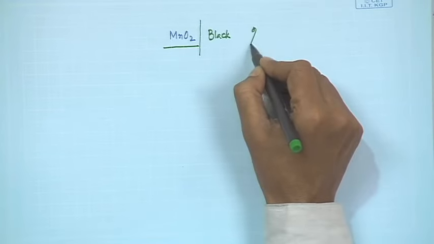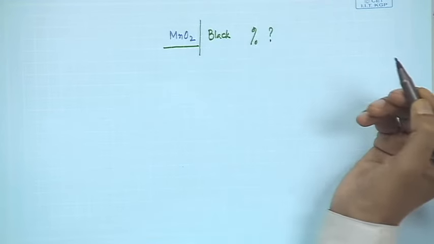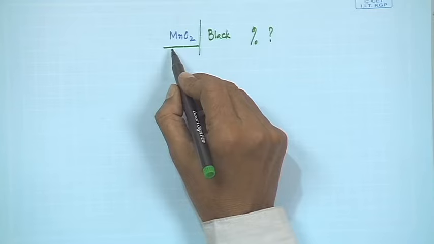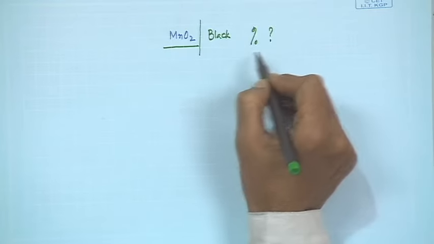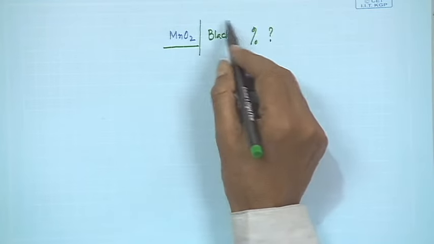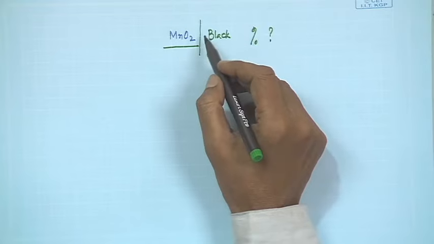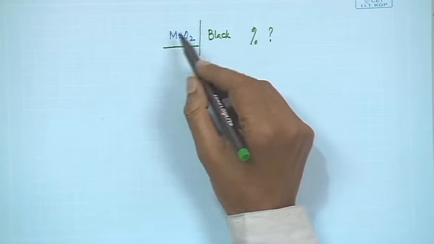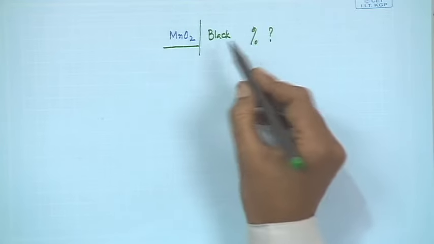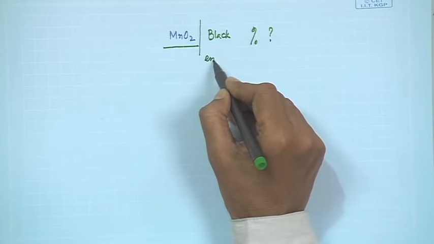But what is the percentage of pure MnO2, that we do not know. It can have charcoal, it can have other black material inside. So, how do we eliminate the interference? We can go for enrichment.